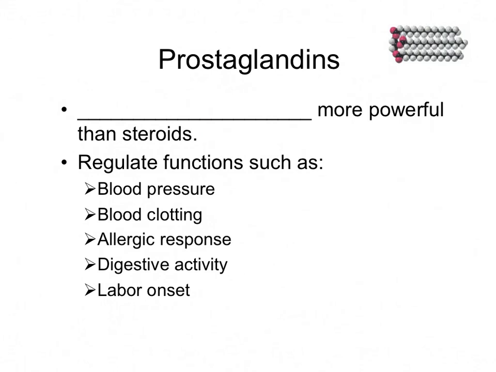Then we bring ourselves to prostaglandins. This is a really broad group of biological chemicals. They serve in your body as biochemical regulators. So they kind of oversee a lot of different biological processes.